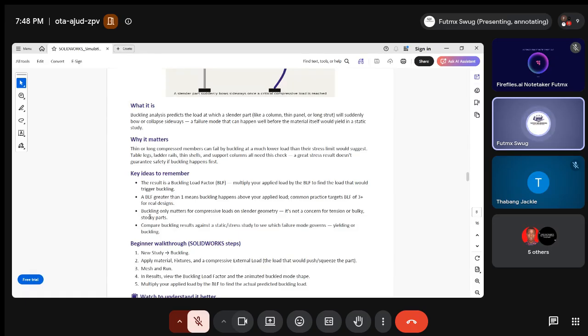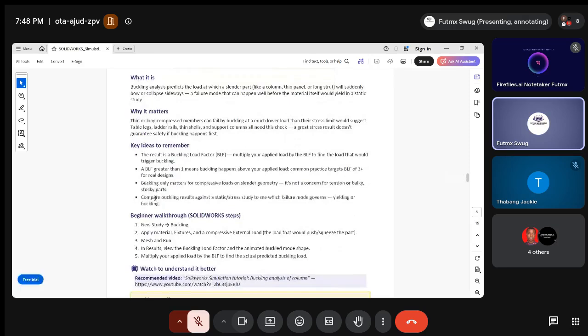So you may be asking, where do I use buckling analysis? Basically for columns, beams, and structures that are slender. You are not looking at tensile load; what you are trying to see is how the part compresses under that load. It is not a concern for tension or for bulky, stocky parts.